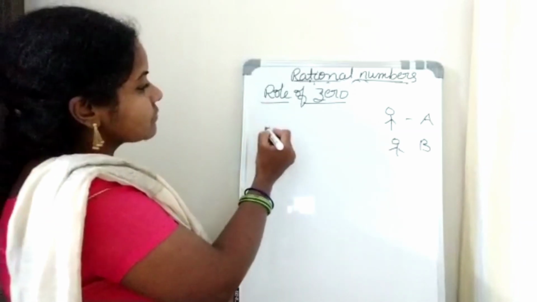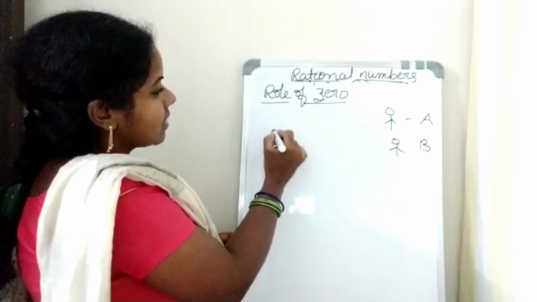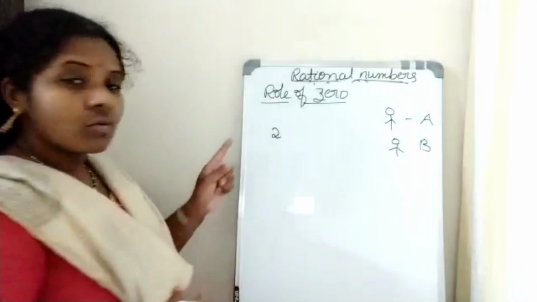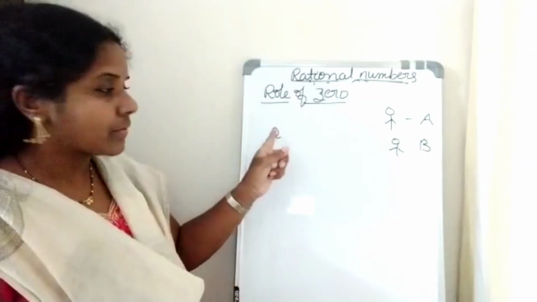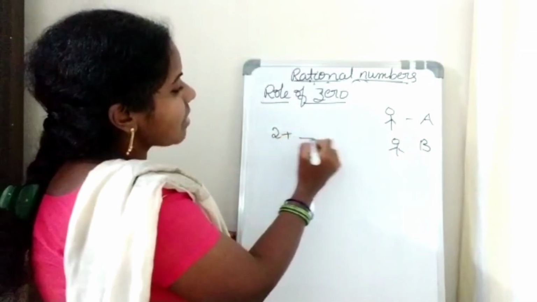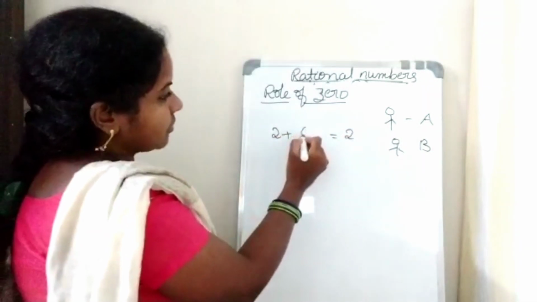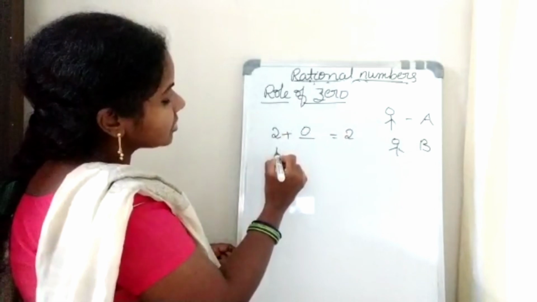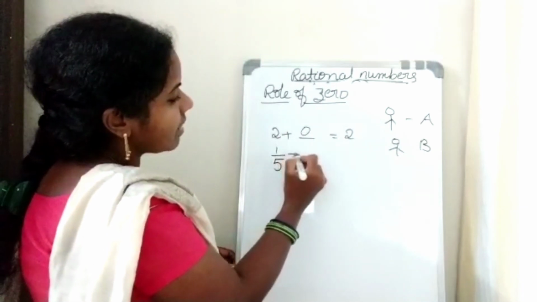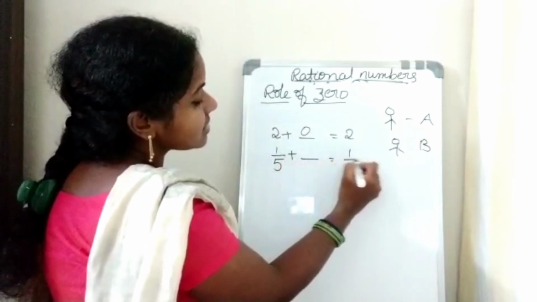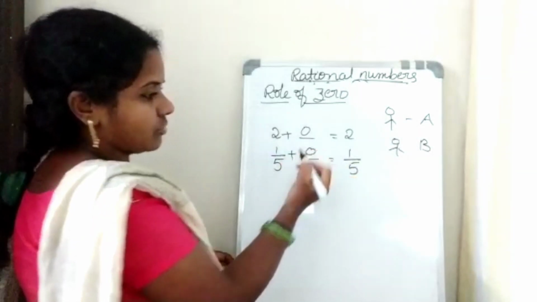Suppose for any rational number 2, what number should be added to 2 to get the same answer 2 again? Very good, 0. What rational number added to 1/5 gives the same answer 1/5? 0.